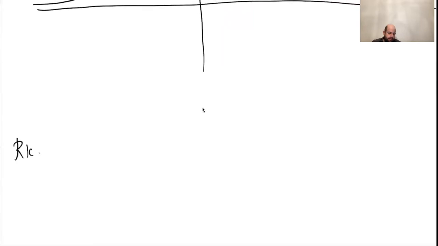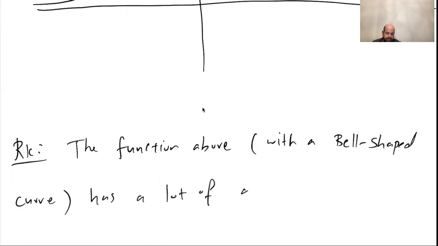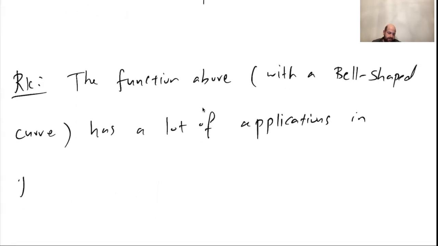Remark. The graph above, the function above, with a bell-shaped curve, has a lot of applications in probability theory.